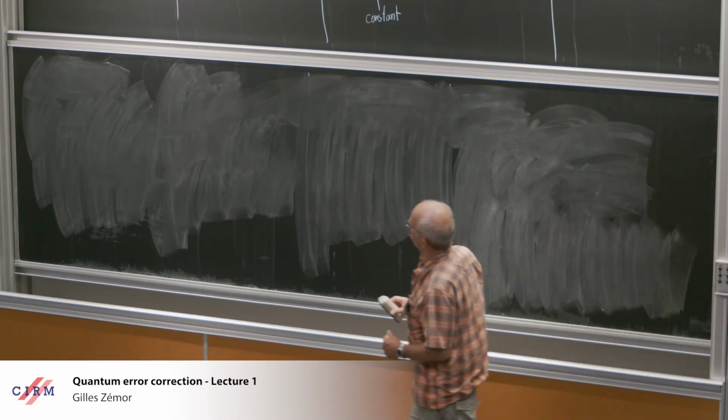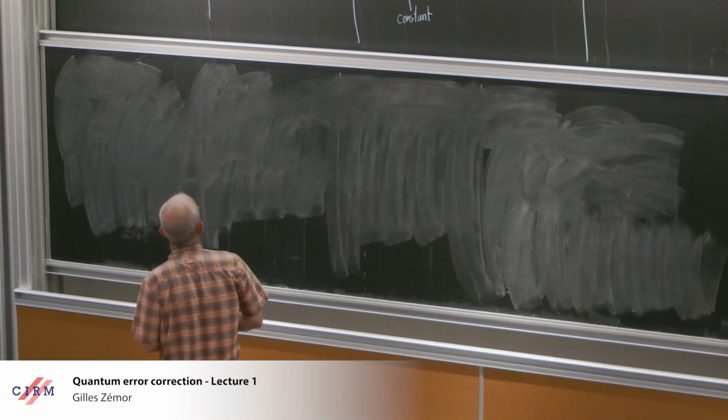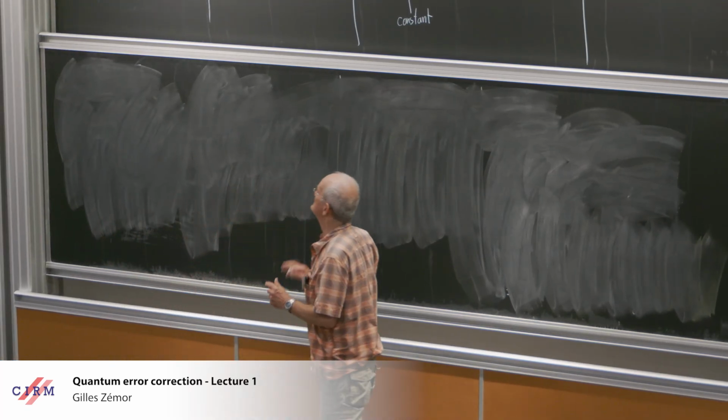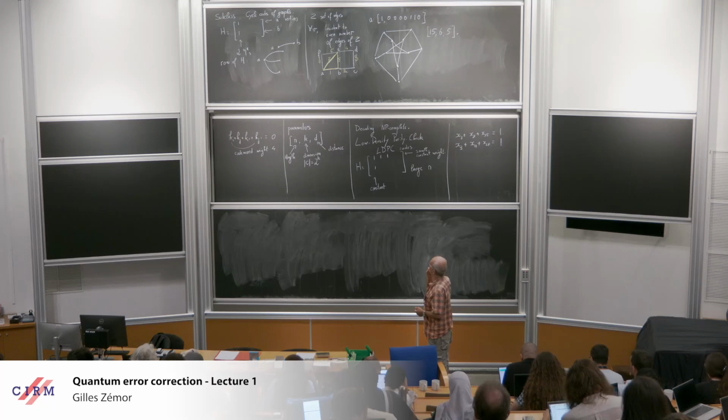So that's pretty much all I'm going to say about classical coding theory, at least for now. I might, if time permits, go back to it just a little to highlight some fine points of quantum coding theory. We'll see. So what you want to take away from this is the importance of the syndrome function.